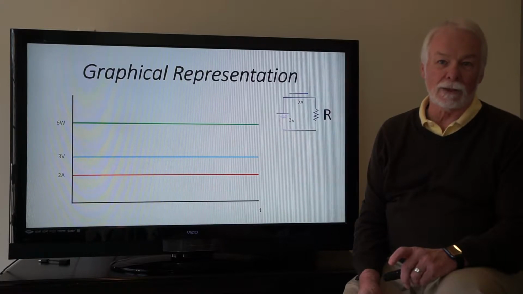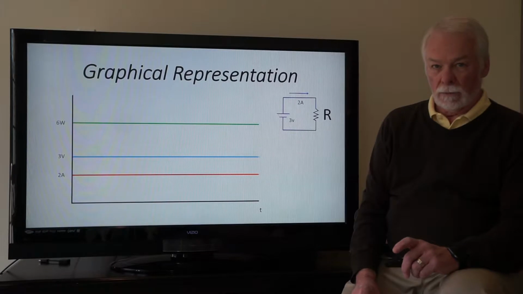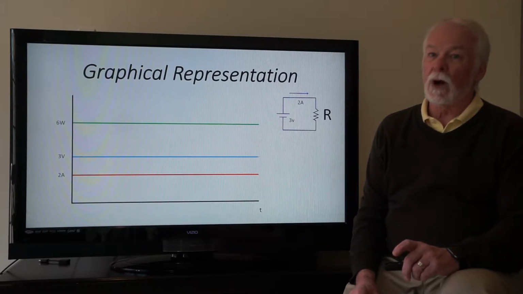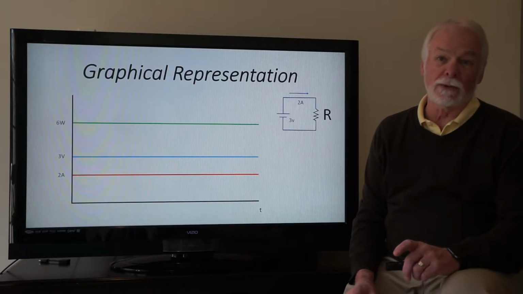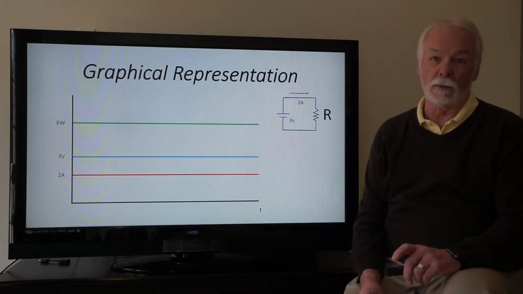The y-axis is marked with only one scale, but we'll use it to measure all three magnitudes of interest to us. In this case, amps, volts, and watts.